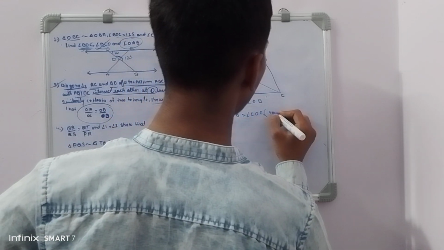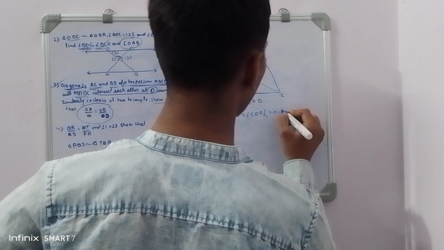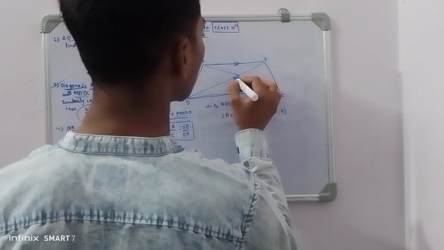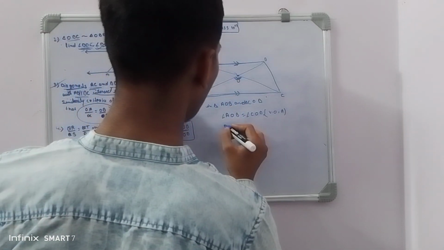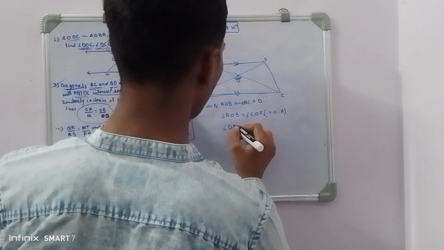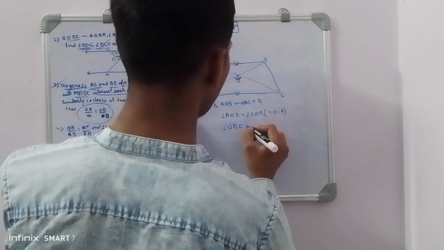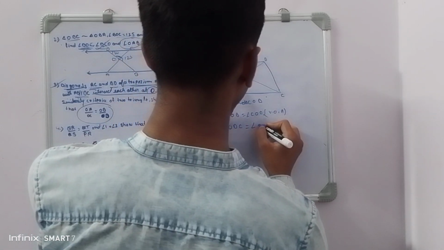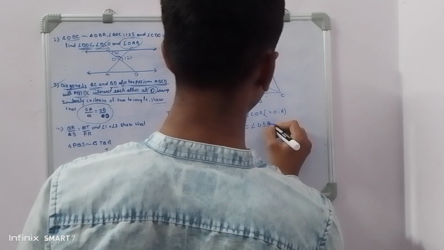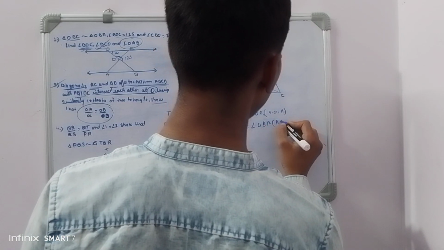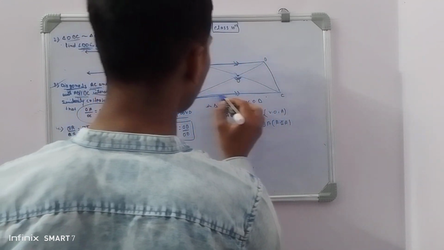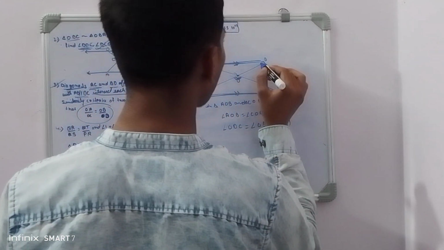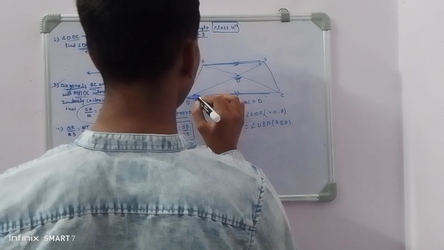Why? Due to vertically opposite angles. You also know that angle ODC is equal to angle OBA. Why? Alternate interior angles, because DC is parallel to AB, so this angle is equal to this angle.